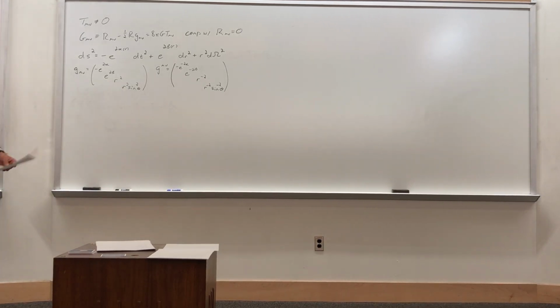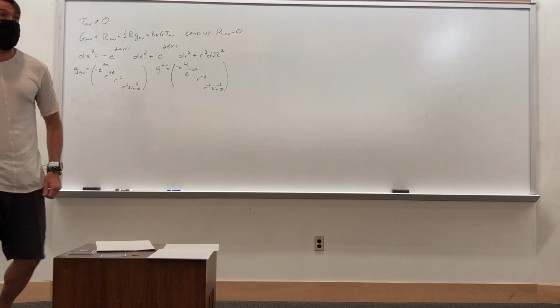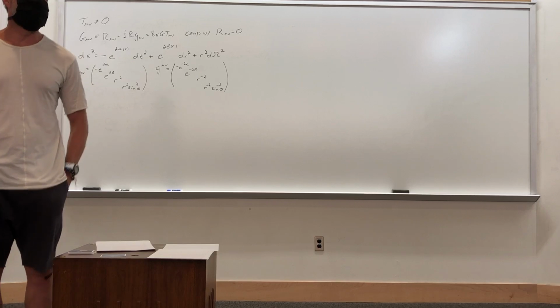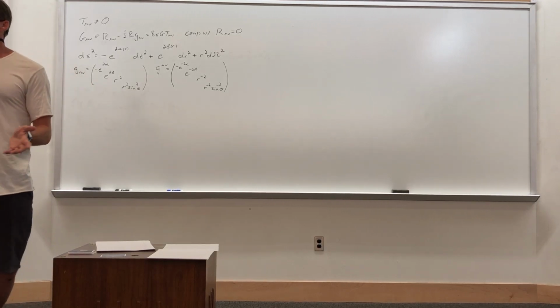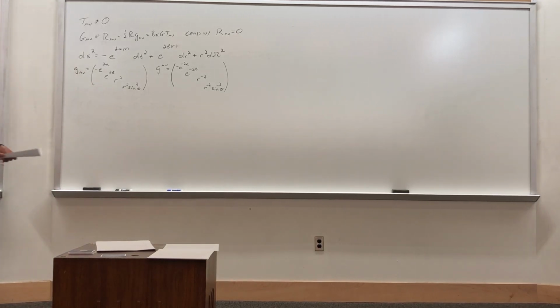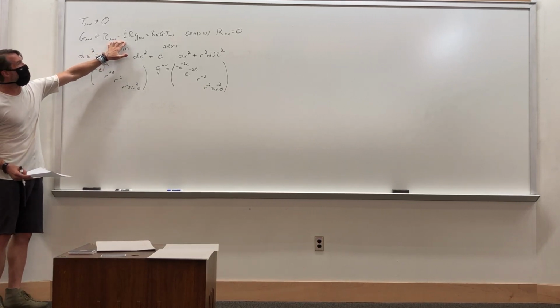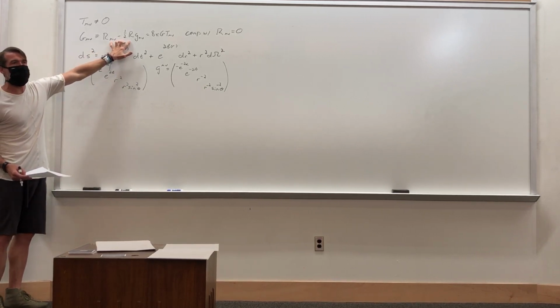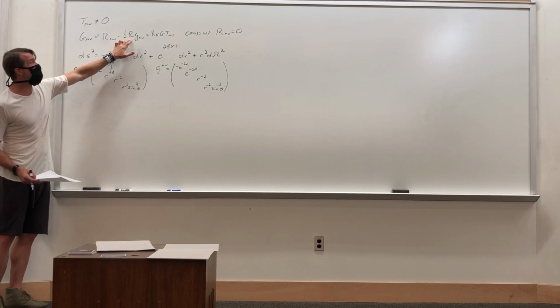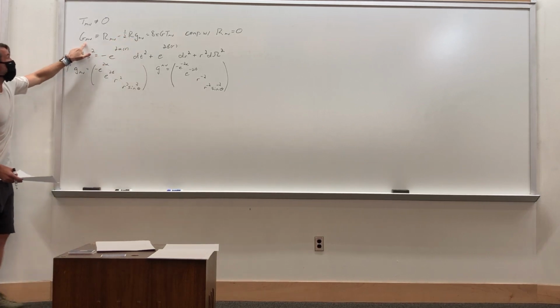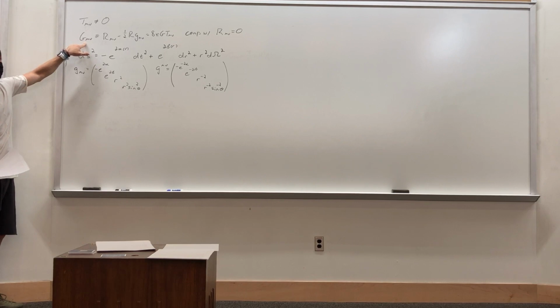Now what we can do is we can take the metric and we can feed it to Mathematica, which I will not do by hand. Okay? But we feed the metric to Mathematica, and we ask Mathematica to calculate for us. First of all, we could ask it to calculate these terms, the Ricci tensor, the Ricci scalar, and multiply by the metric. Or we can just ask it to do the Einstein tensor components.